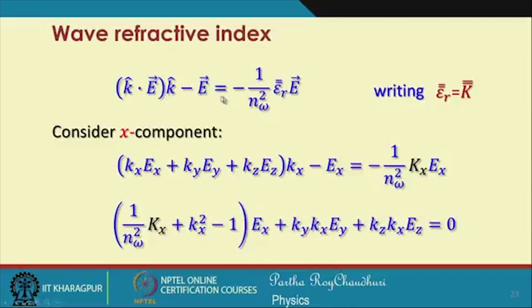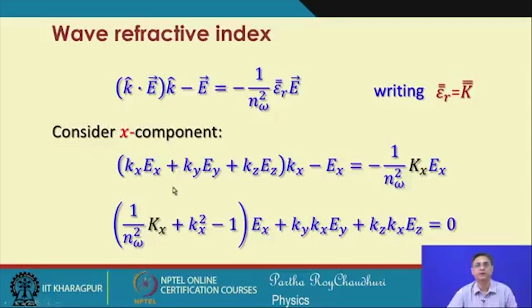k cap times k cap dot E minus E equal to 1 by n omega square epsilon r into E, and then writing this equation in this form, we can write the x component of this equation as kx Ex plus ky Ey plus kz Ez into kx minus Ex for E, and the x component of this quantity, 1 by n omega square Kx Ex.